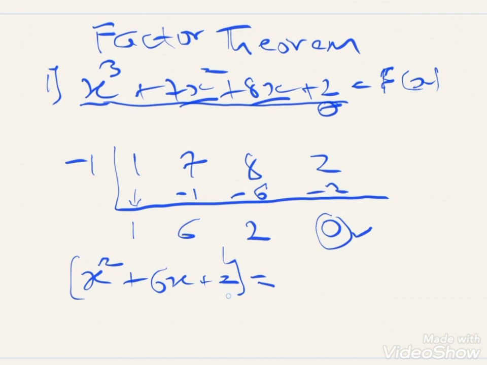We can do it in this case because this is a monic quadratic. The last term here has two factors that we can sum to have 6. So we can express our whole thing as f of x divided by x minus a, which will give us this, plus 0 over x plus 1. So we stop here.